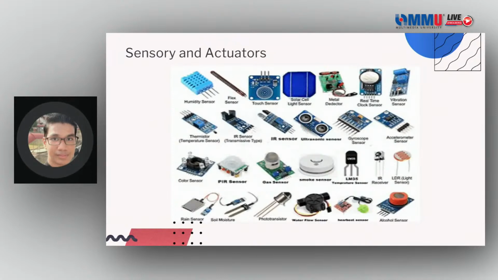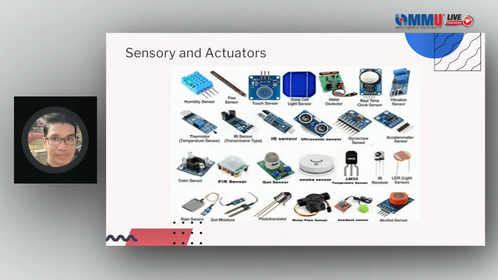These are among the examples of sensors and actuators that everyone could purchase online or through the shop. So there are a lot of sensors and actuators that are available for you to do simple IoT projects. If you notice, this is the blue one, the blue square shape.